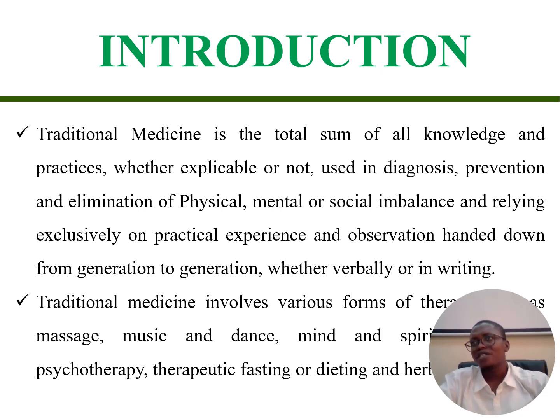Either they write it down for their children or they tell them verbally. But what really happens is that this type of medicine is practiced by the local or indigenous people of a particular culture, and the knowledge, which is priceless, is passed down from one generation to the other.